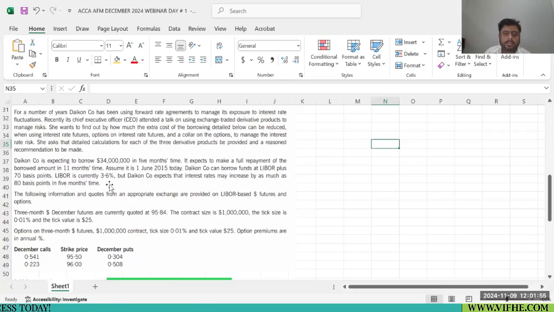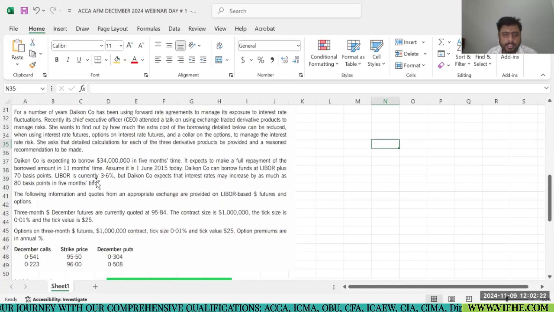LIBOR is currently 3.6%, but Dicon Company expects that interest rates may increase by as much as 80 basis points in 5 months' time. So right now, LIBOR is 3.6%, and it is the expectation of the company that it will move up by 80 basis points. When we talk about 80 basis points, this means 0.8 will be added to 3.6 and it will move to how much?